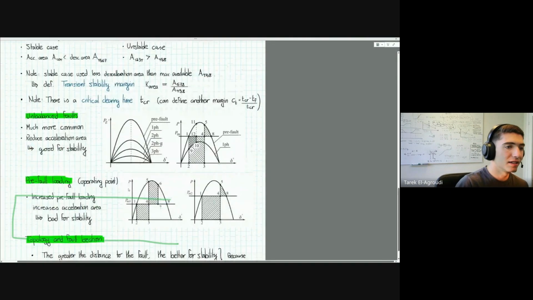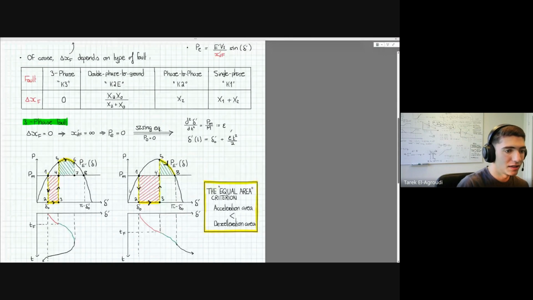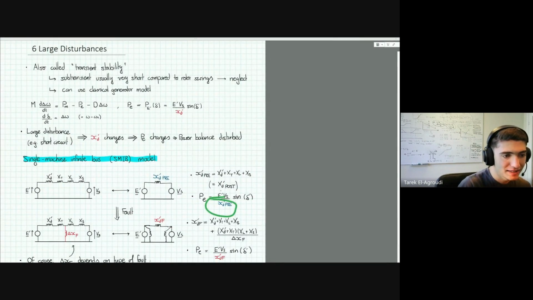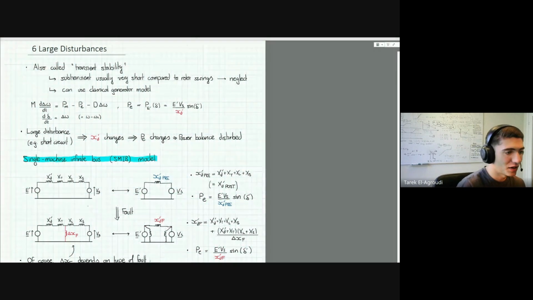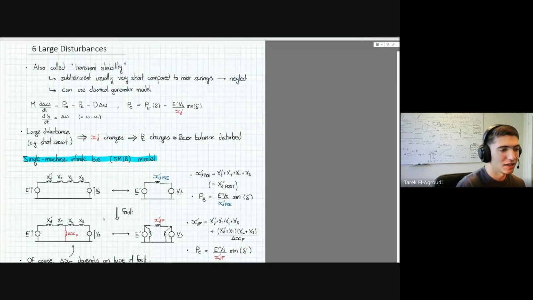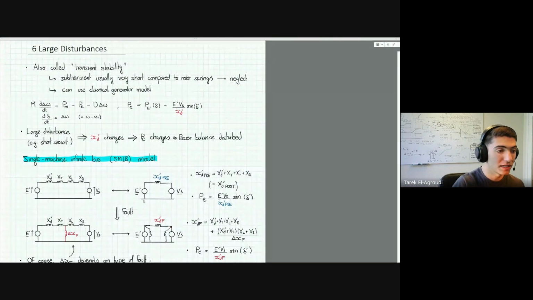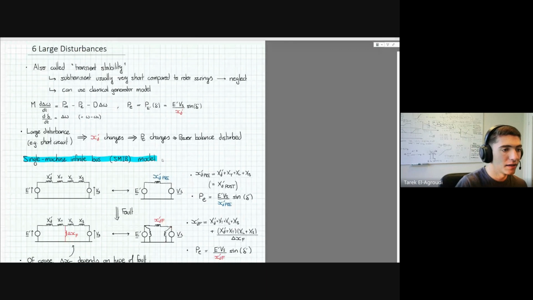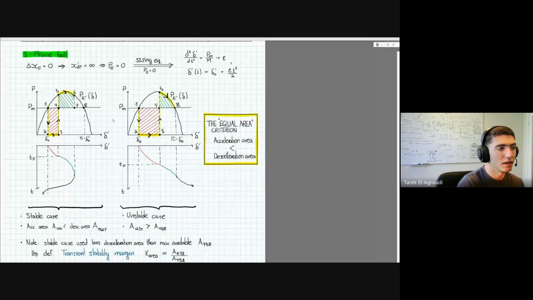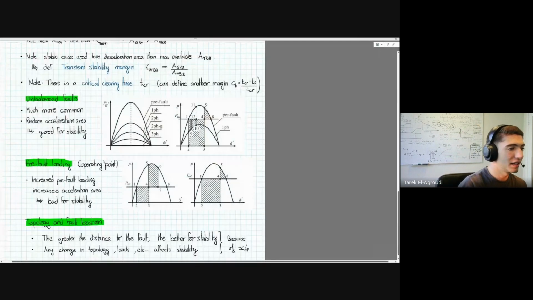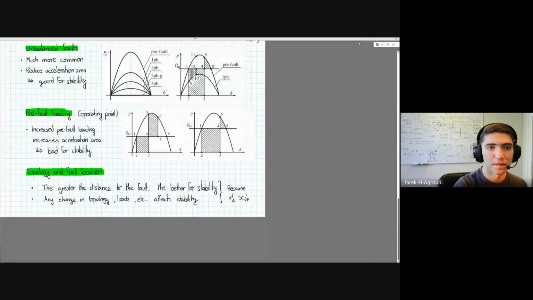Since your electrical power has reactance at the bottom, and your reactance is a function of where this fault occurs and the properties of the transformer, for example, then obviously it will change the height of your electrical power curve. And if your electrical power curve changes its height, then also the acceleration and deceleration areas change. And so the topology also greatly affects this.